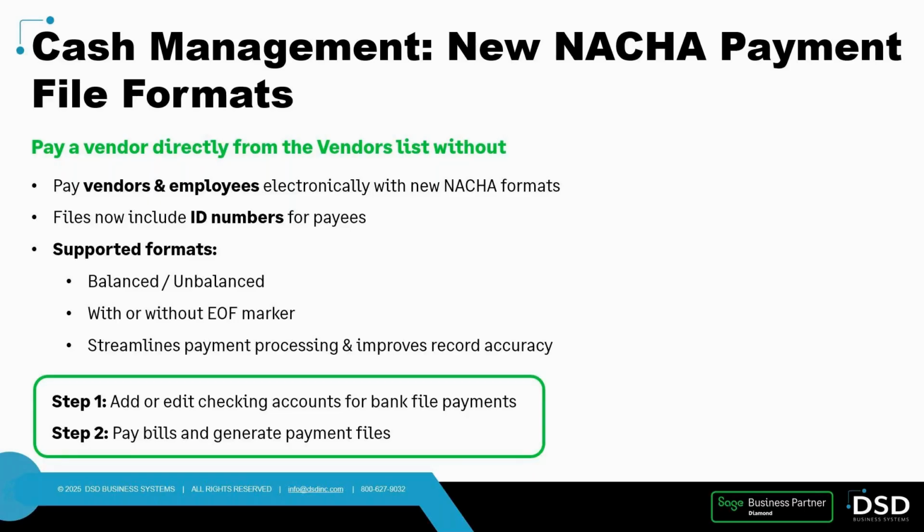To set it up, you would add and edit your checking accounts on the bank file payment tab. The format that you select will determine how your generated file appears.